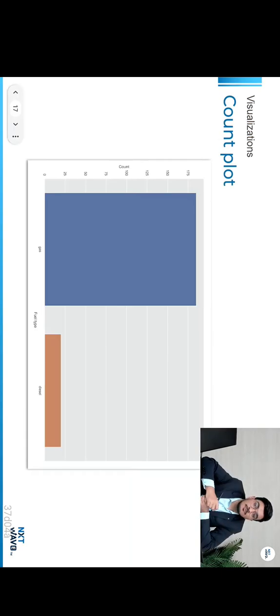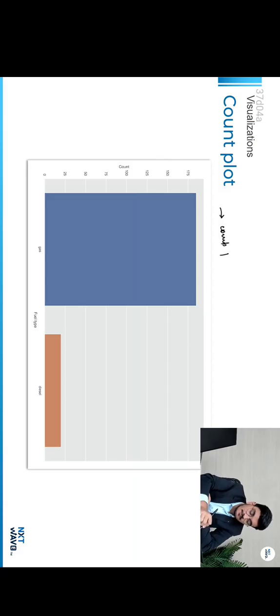Now, let's talk about the count plot. A count plot helps us to plot the counts per category. So, for all the observations, which in our case is all the cars, the count plot tells us about the distribution of cars based on the categories.